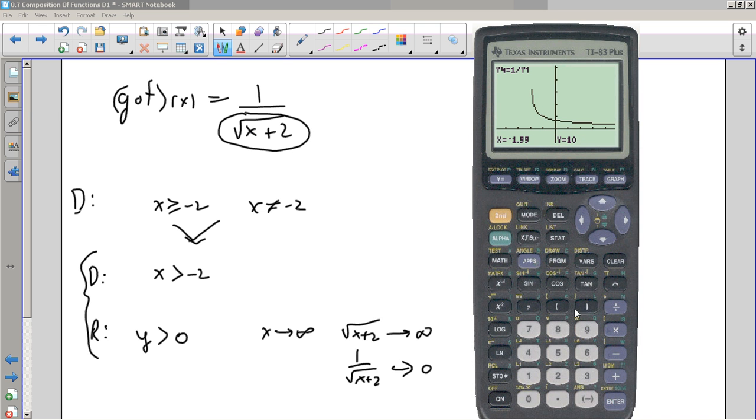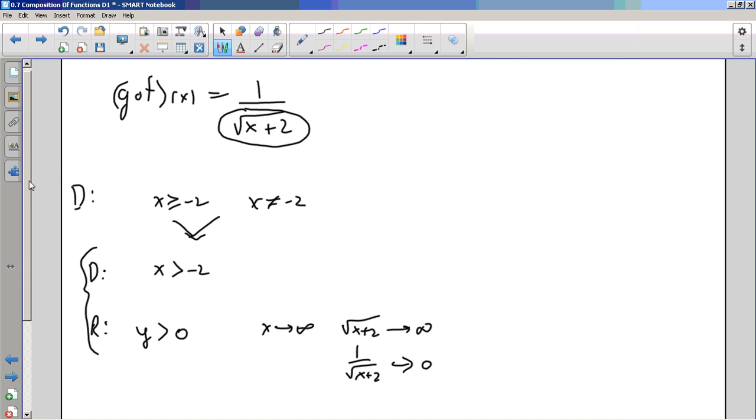Okay, what about -1.9999? Yep, it is going up to positive infinity. So the graphing calculator will cut it off, but it certainly is a vertical asymptote as well. Now, what about the other one?